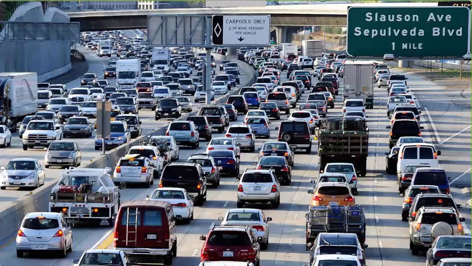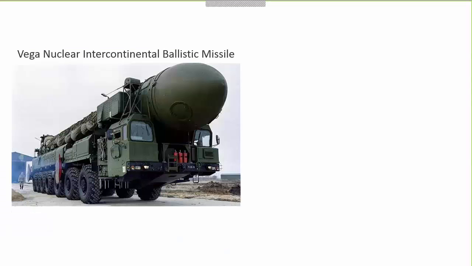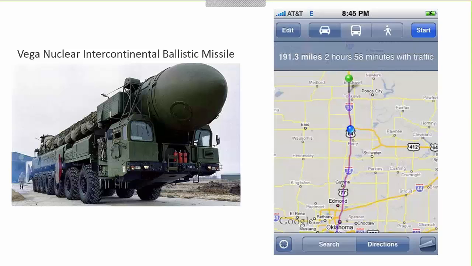Now, person number two is driving what we're calling here the Vega Nuclear Intercontinental Ballistic Missile. Okay? Now, this person is going to be driving on the exact same freeway, right? But the difference is that even though they're carrying a nuclear weapon here, they're also carrying an iPhone. And on their iPhone, they get an alert that tells them, hey, there's been a crash. That crash is almost 200 miles away, and you're going to hit that within roughly the next 3 hours.